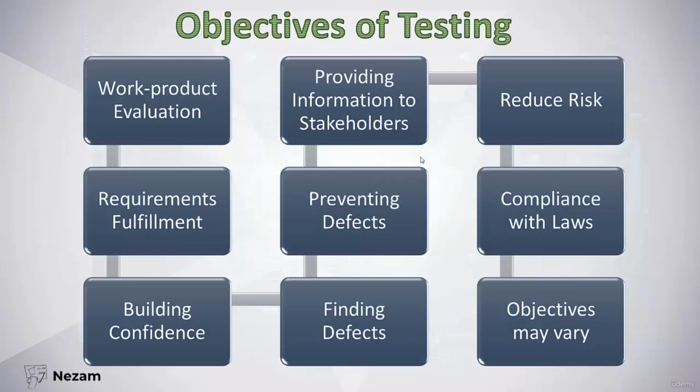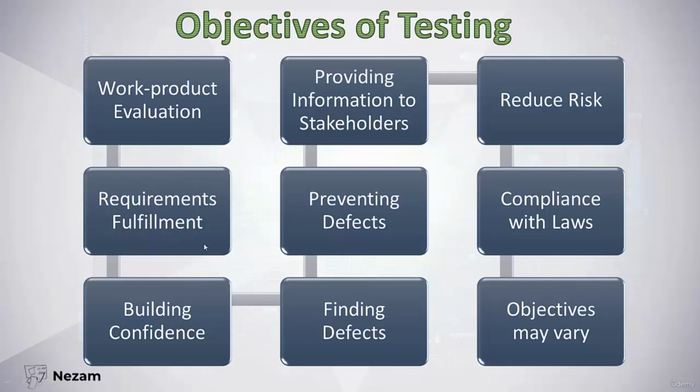So what are the objectives of software testing? We need to evaluate the work products. The work products are anything that is produced while we are working inside our software, whether it is the requirements, the code, the test cases, the test plans, the design, the summary reports. All of these are considered as work products. So we evaluate the work products. We ensure requirements fulfillment.